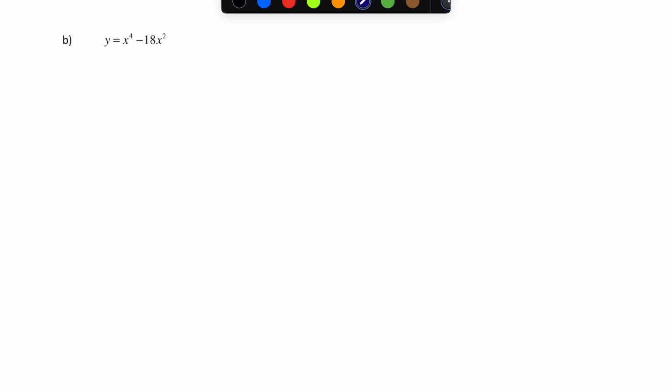So here, again, the steps that we're going to take: number one, we're going to take the derivative. Step number two, we're going to set y prime equal to 0 and solve for roots.